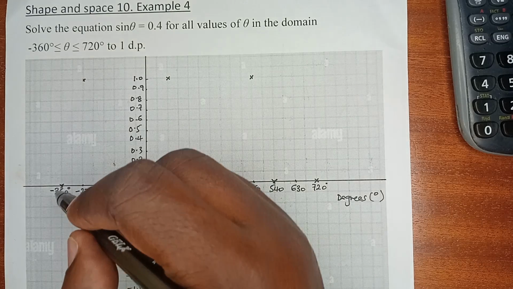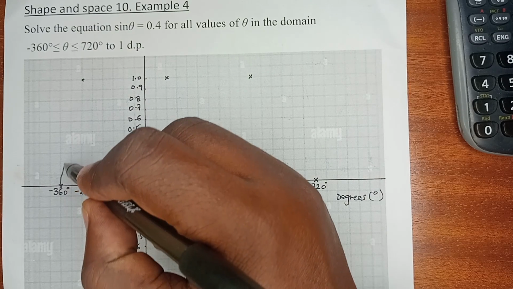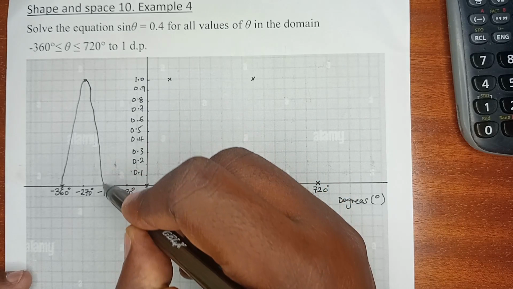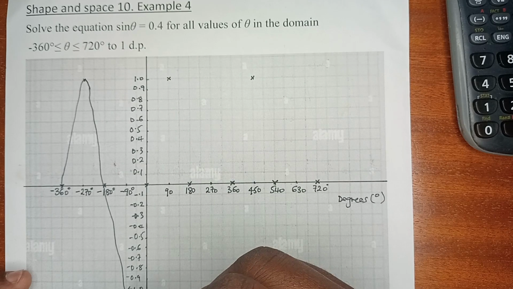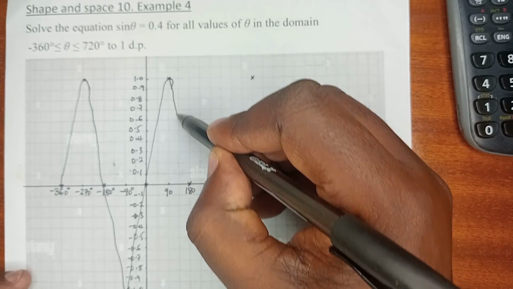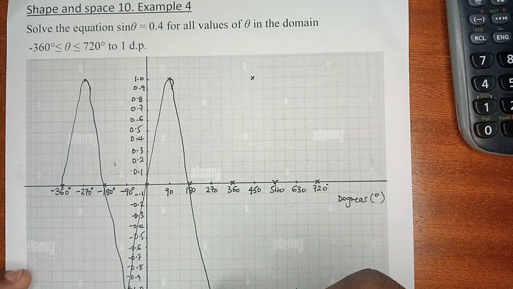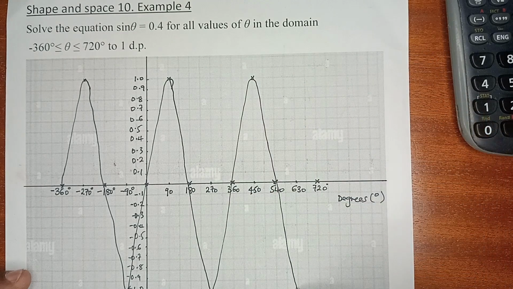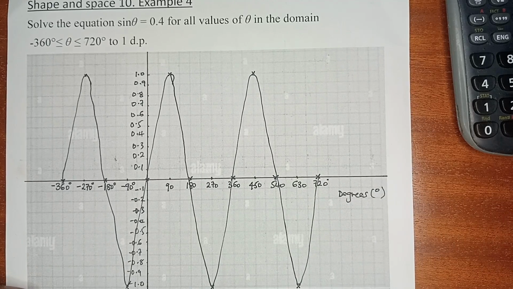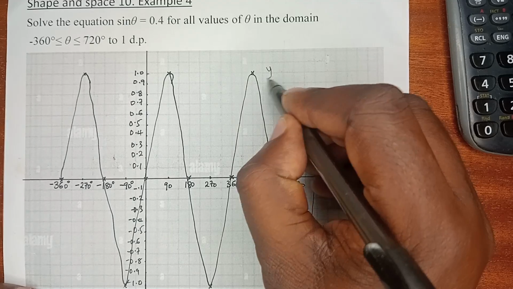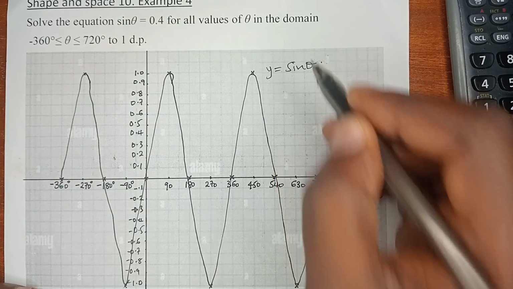With that, we have a curve that looks like this. That is the graph of y equals sine theta from negative 360 to 720.